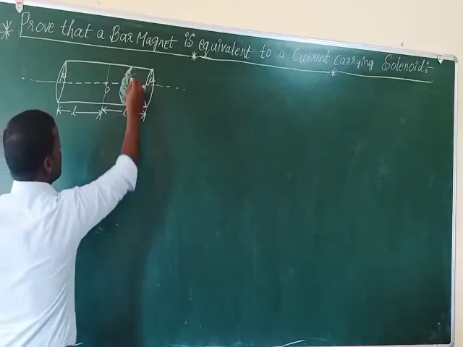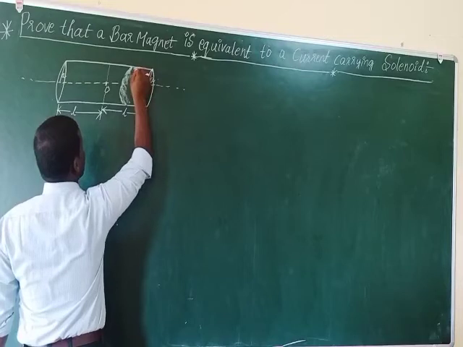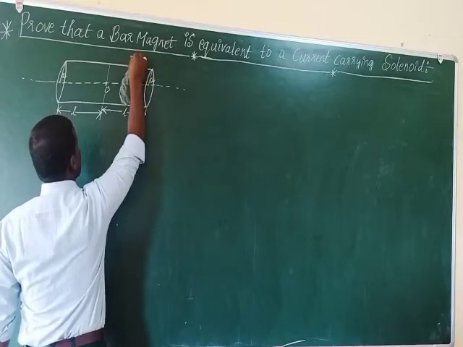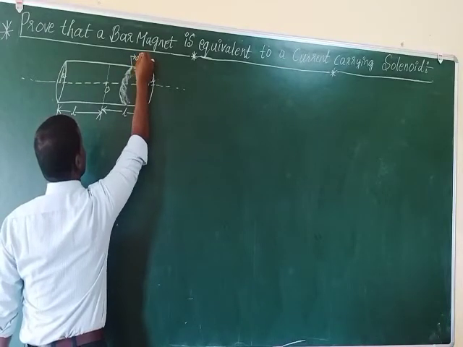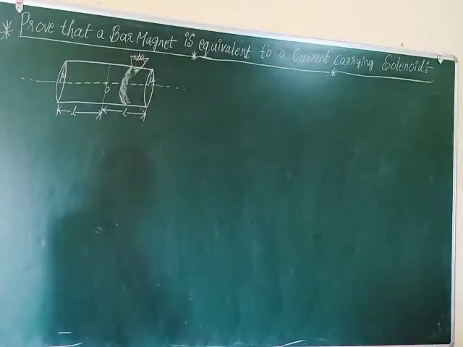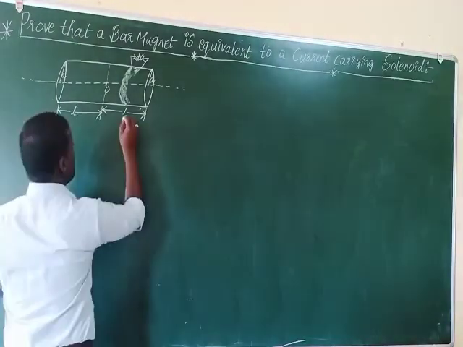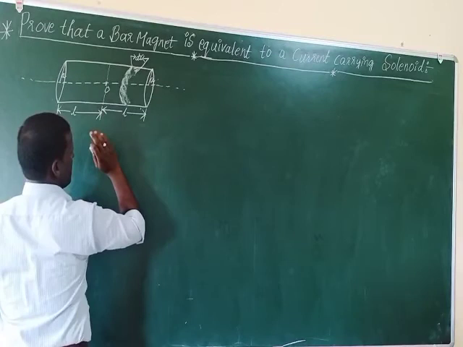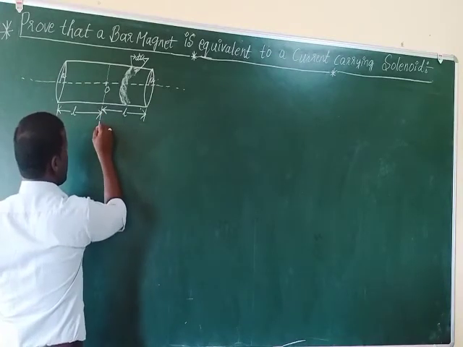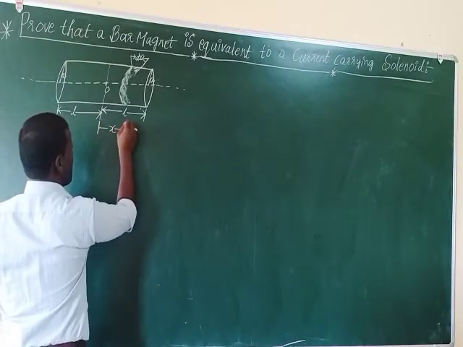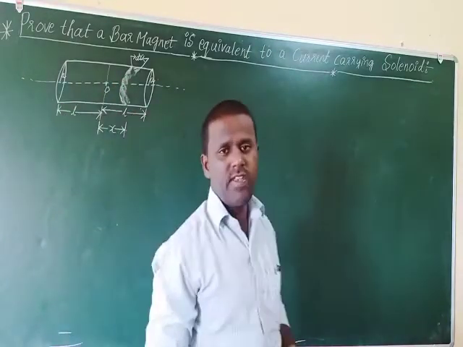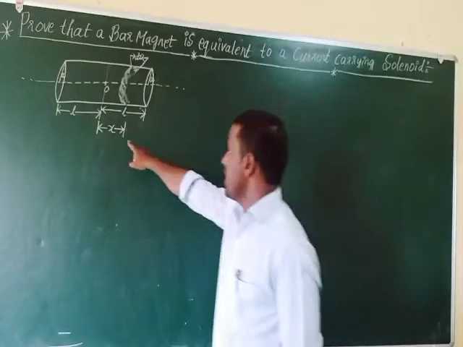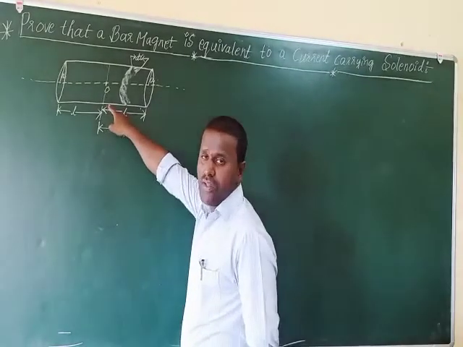What is the thickness of this current element? The thickness is dx. It is at a distance of x from the center. Imagine this current element is at a distance of x from the center of the solenoid.